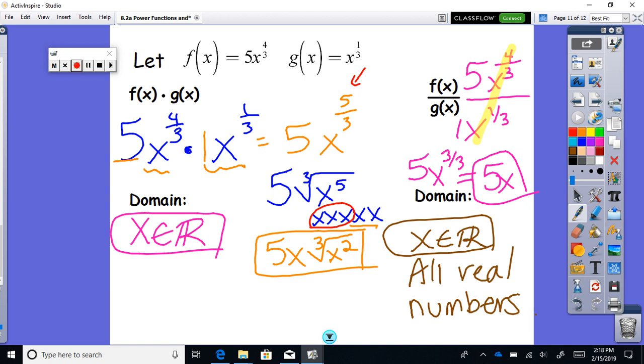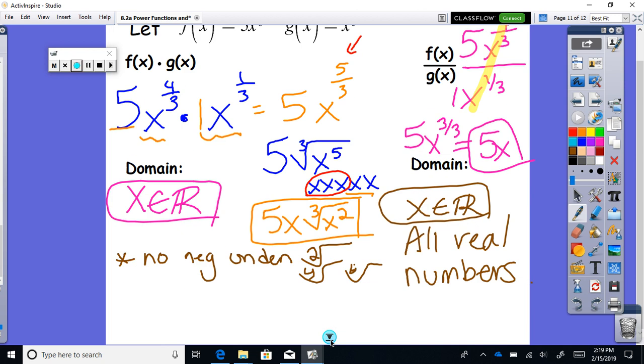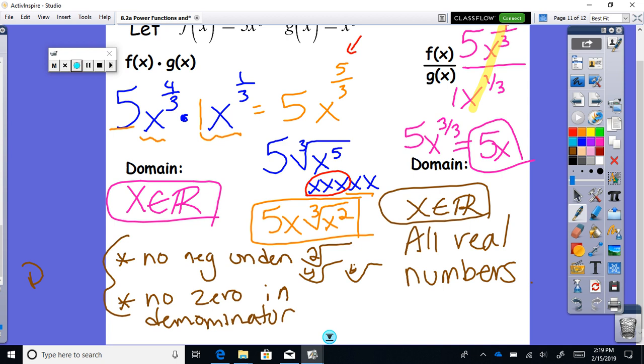So it comes back to those two restrictions that you're looking for when you're talking about domain. Domain, think restrictions. No negatives under even roots, like 2nd, 4th, 6th root, and no 0 in the denominator. Those are your two restrictions for domain.